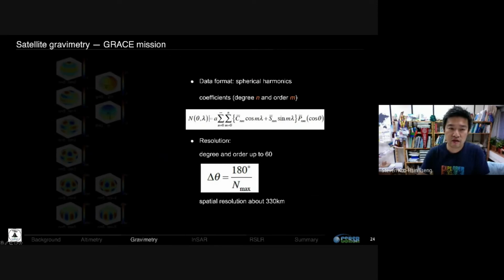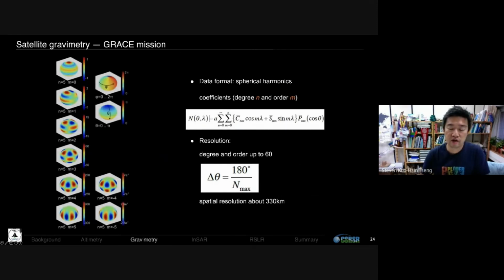Through some spherical harmonics representation, I'm not going into the details, it gives us the spatial periodical terms of the Earth's shape. So we can see the migration of the Earth's mass.